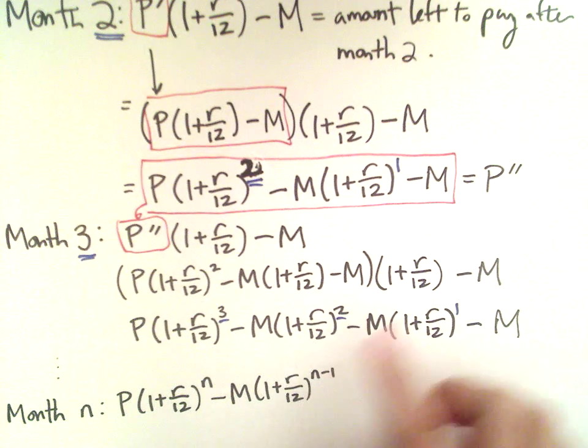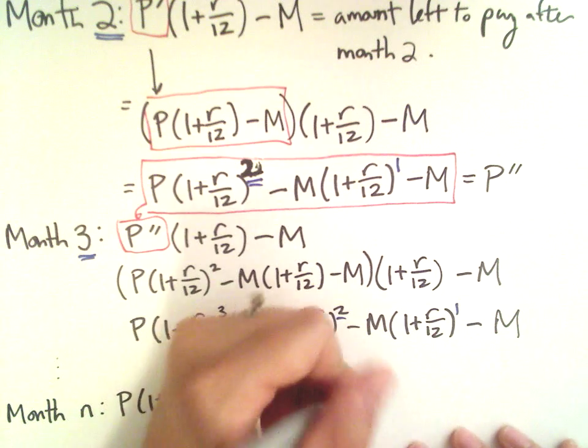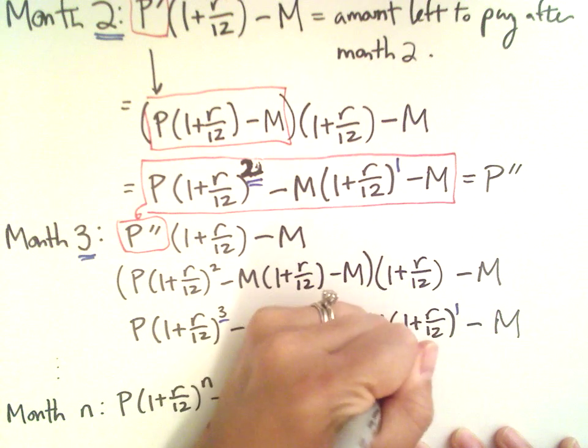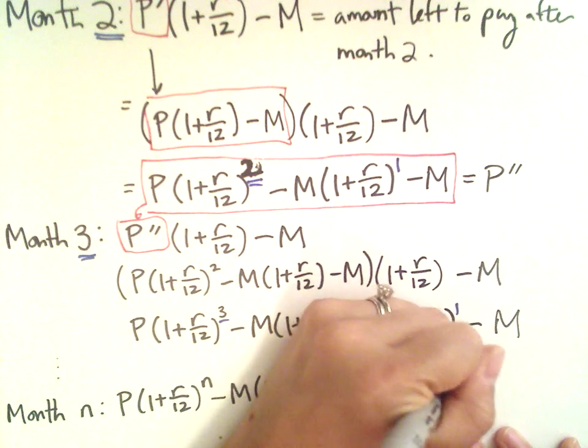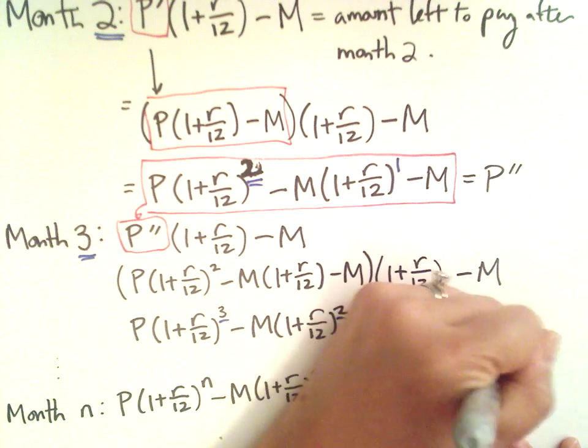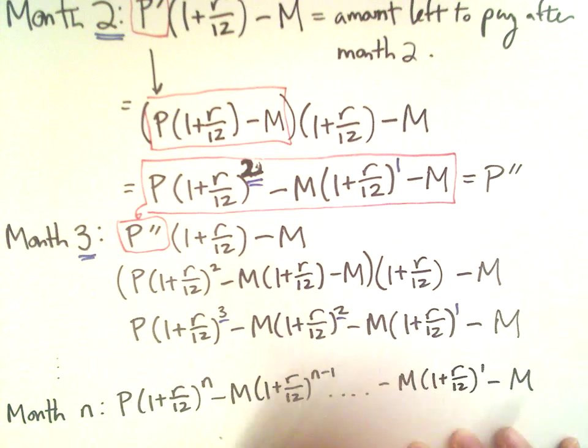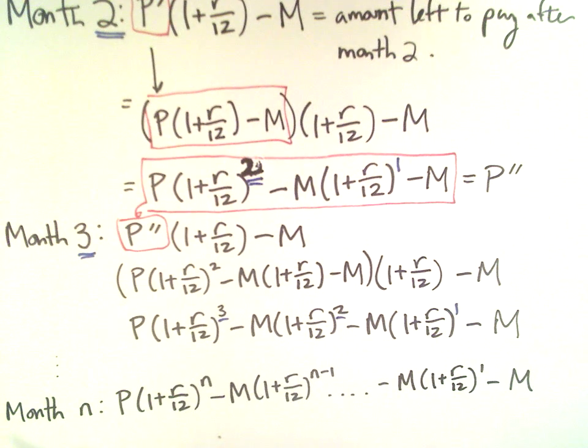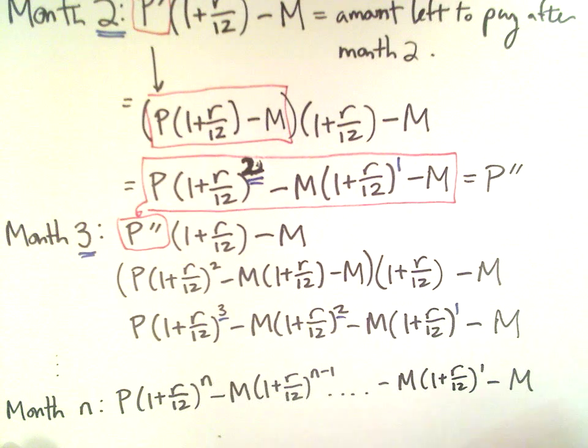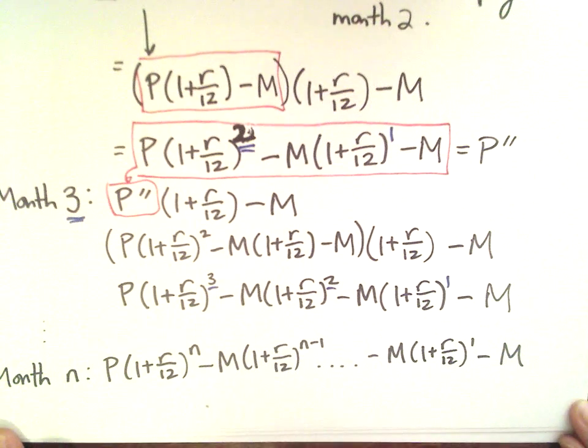And then the next one is the next power down, and you keep going till you get all the way down to minus m at the very end right there. So it's minus m times 1 plus r over 12 to the n minus 1, minus m times 1 plus r over 12 to the n minus 2, all the way down till you get down to minus m down here. Okay, so that's the formula for month n.